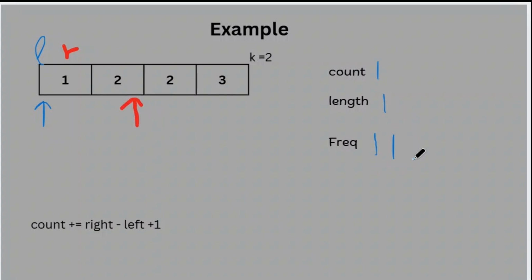Now a new element is added to the frequency table, that is 2, which occurs one time. Now the length is changed to 2, and 2 is equal to k, so there is no issue. So we are going to add plus 2 to count.